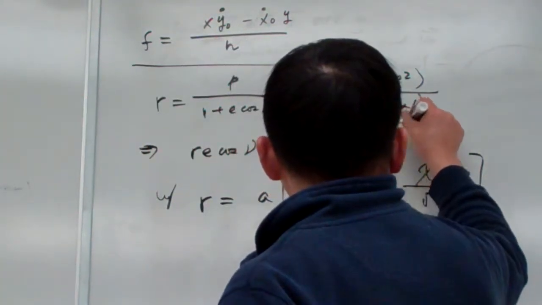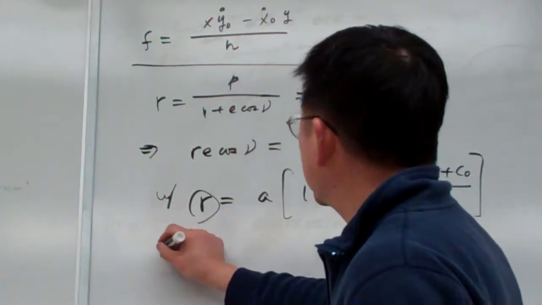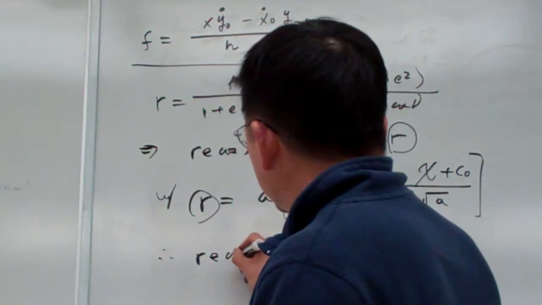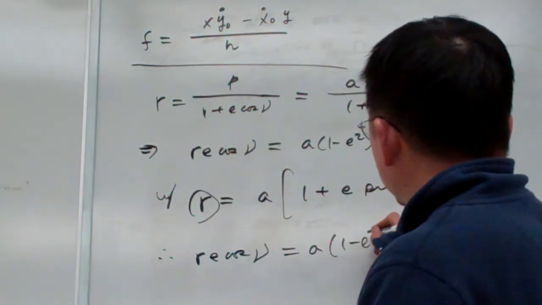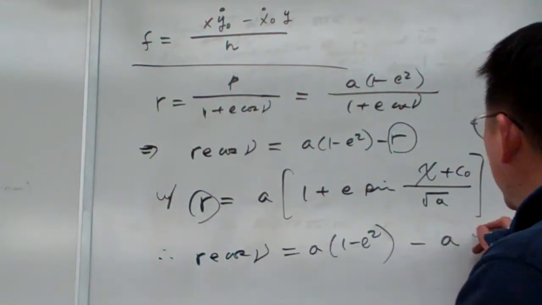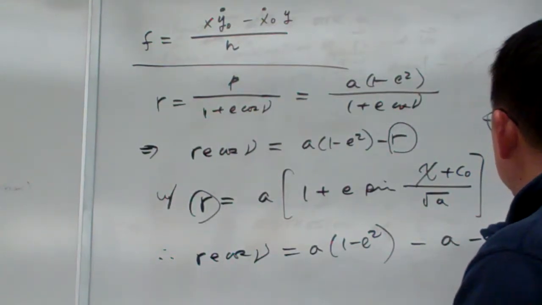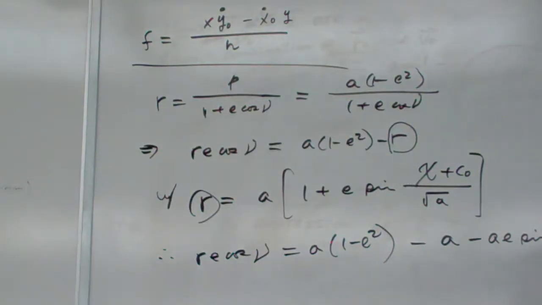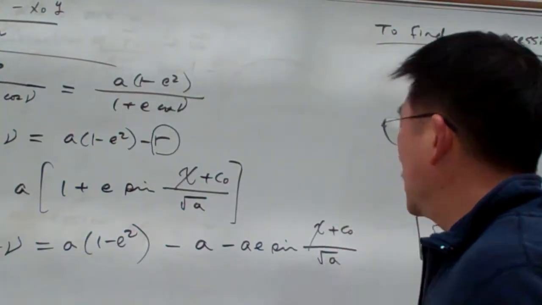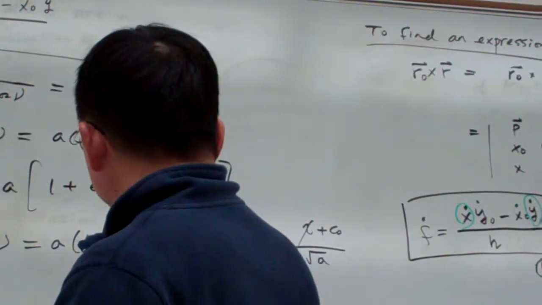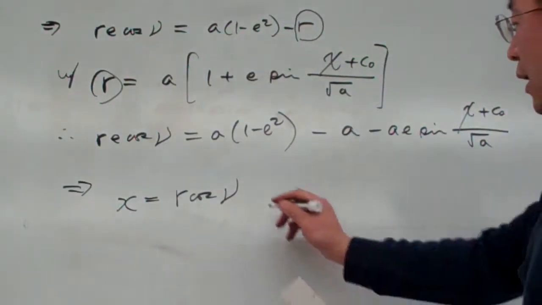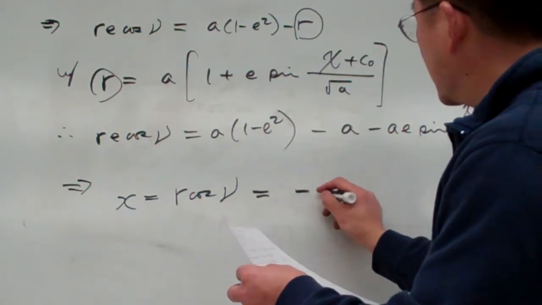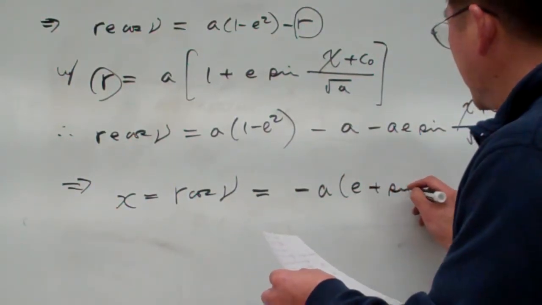So now I want to replace this r by this. Therefore, r e cosine nu equal to a times 1 minus e squared minus this one, a minus a e sine. And we do the arrangement. So from here, the x will be equal to r cosine nu, and this one will be equal to minus a e plus psi.